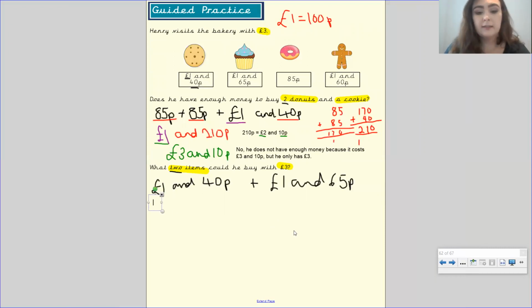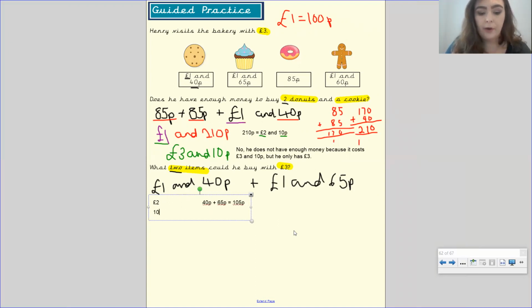Okay, so we're going to add together the pounds first. So £1 and £1 gives us £2. And then we've got 40 pence add 65 pence, which gives us what? Pause the video and have a think. Well done if you said 105 pence.